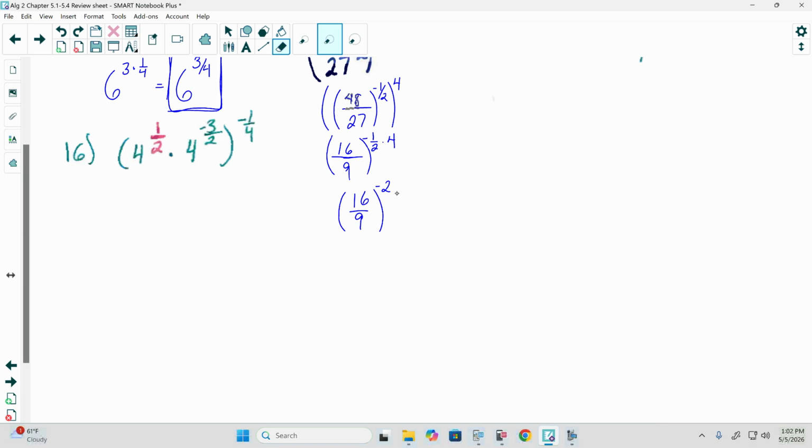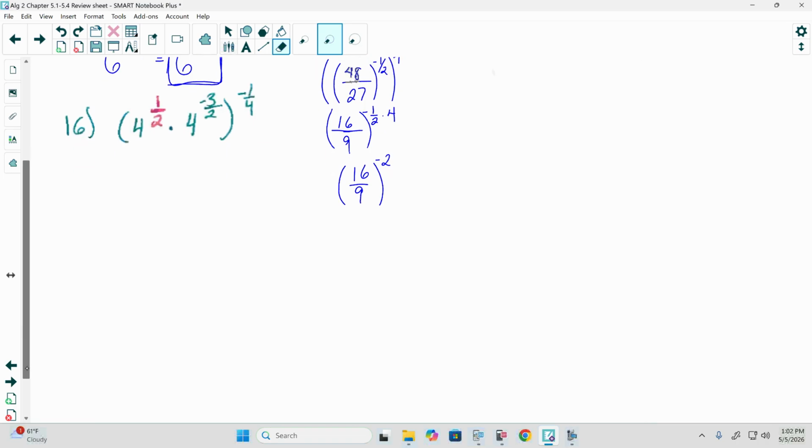So we'd be multiplying our negative 1/2 and 4, giving us negative 2. Now we just need to apply that negative 2 to the top and bottom, telling us that we have 16 to the negative 2nd over 9 to the negative 2nd.